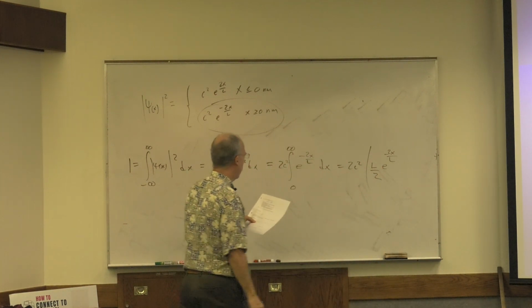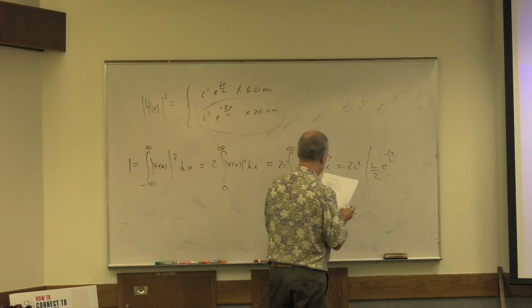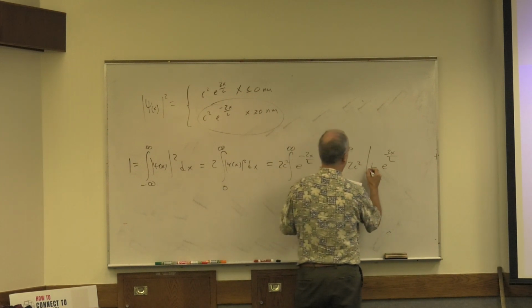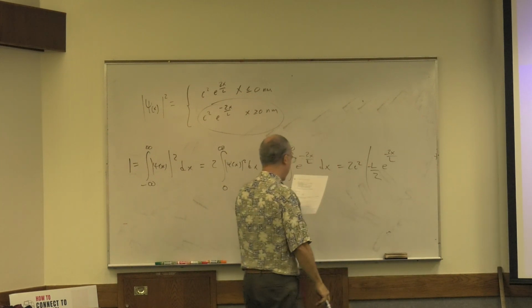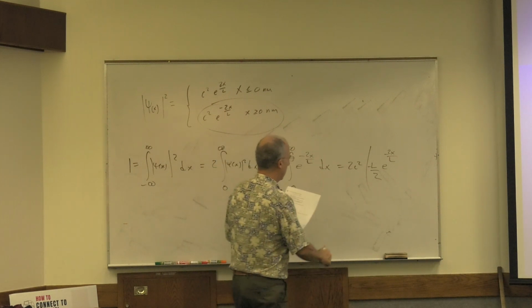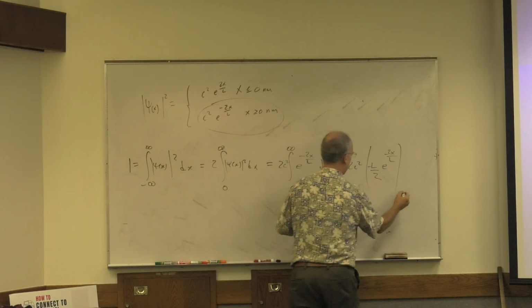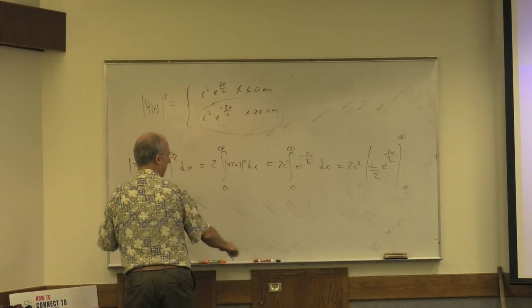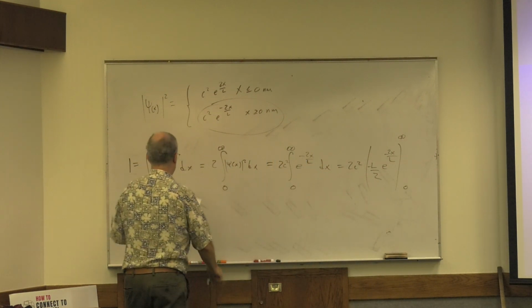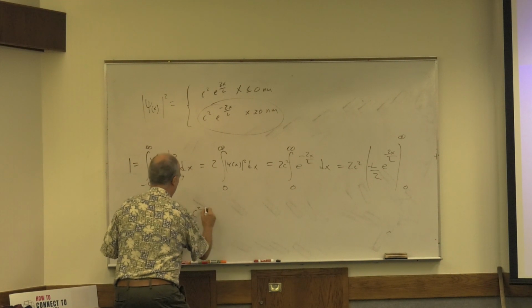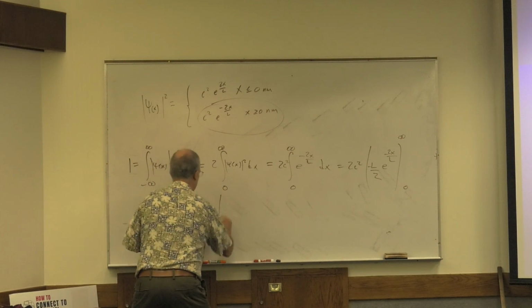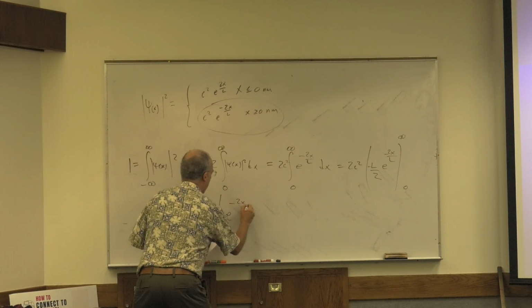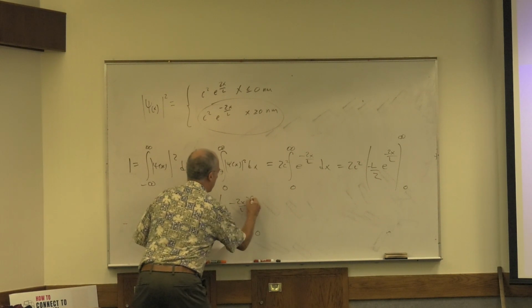And we get a minus sign because of that minus sign. It goes from 0 to infinity, and the 2's kill, so we get minus c squared L times e to the minus 2x over L between 0 and infinity.